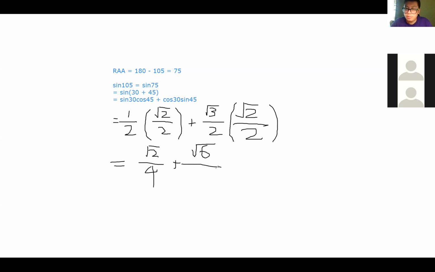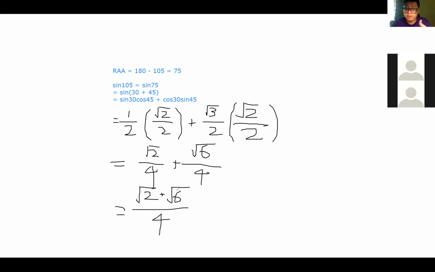So 3 times 2 is square root 6. And then the denominator is 4 as well, multiplying 2 by 2. We can't really simplify this any further, except that we can just add the numerators over the common denominator. So the answer is square root 2 plus square root 6, all divided by 4.